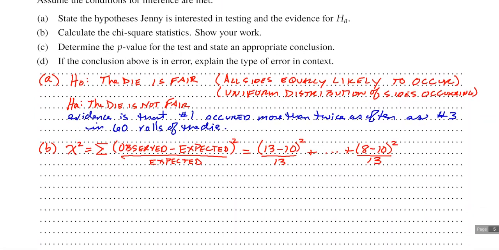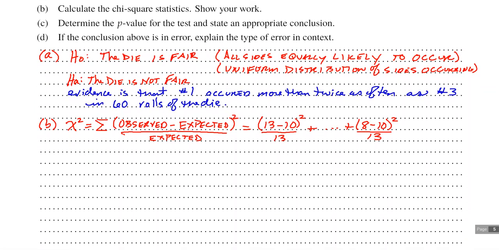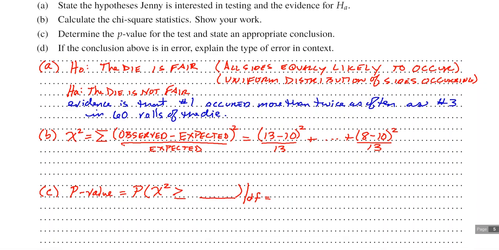Then we also want to determine our p-value. In order to determine the p-value, we are going to need to know that chi-square statistic. The p-value is going to be the probability that chi-squared is at least whatever value we happen to find for our chi-square statistic, and it's going to be based on some number of degrees of freedom.